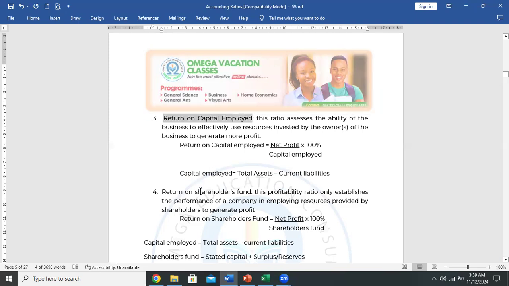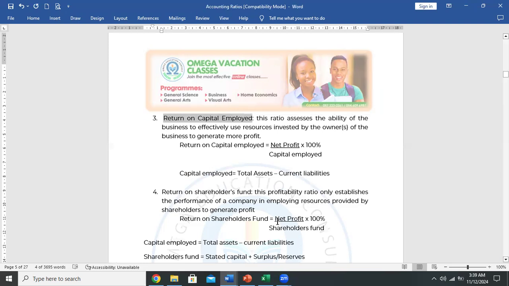It also seeks to look at how the business is doing in terms of using how much shareholders have invested, or the resources provided by the shareholders, to generate profit.